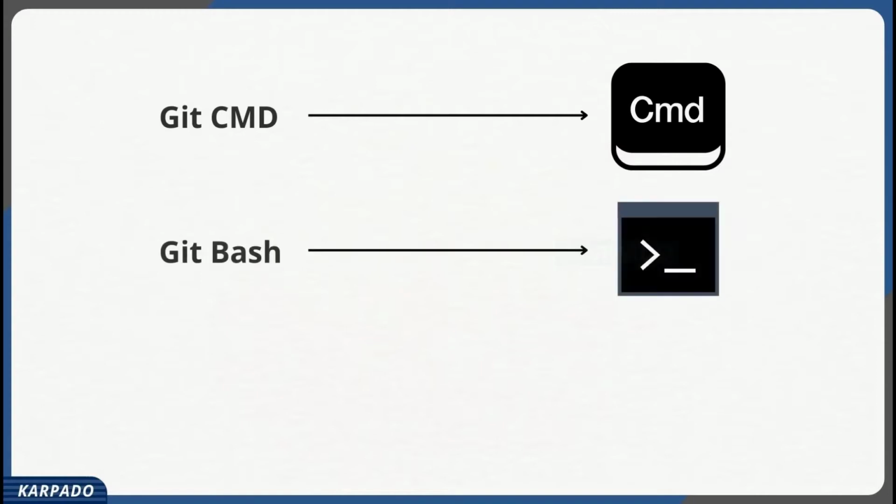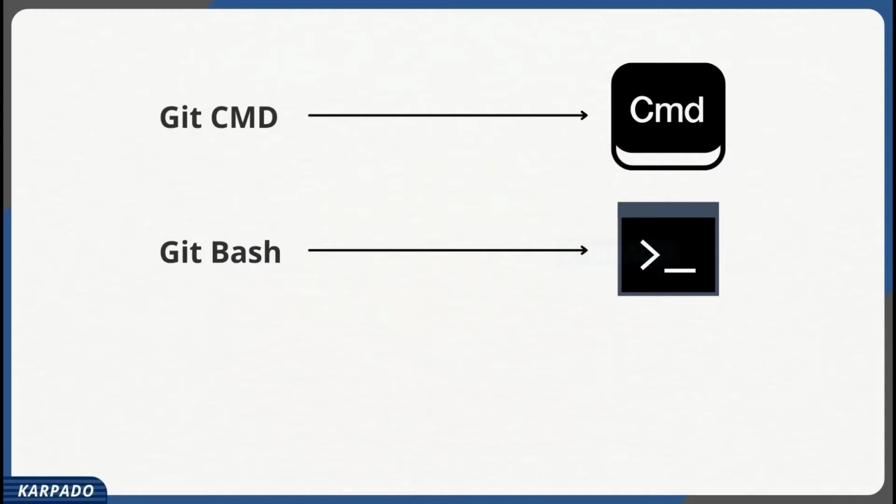The other option we have is to use Git Bash, which is a tool we had installed along with Git. Git Bash is similar to Windows command processor, except that we can use standard Linux commands to interact with Git.